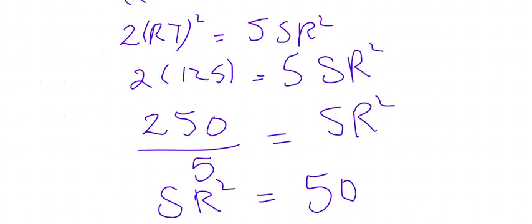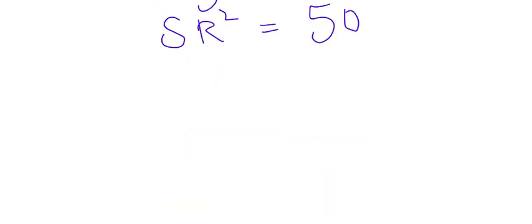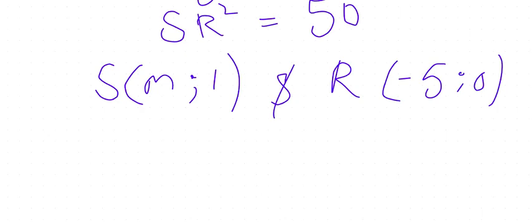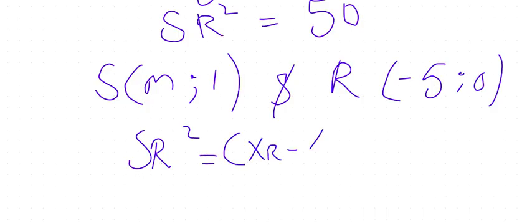So what's the coordinate of S? We have S as (M, 1), and R we have is (-5, 0). So we have SR square equals to (XR minus XS) whole square plus (YR minus YS) whole square.